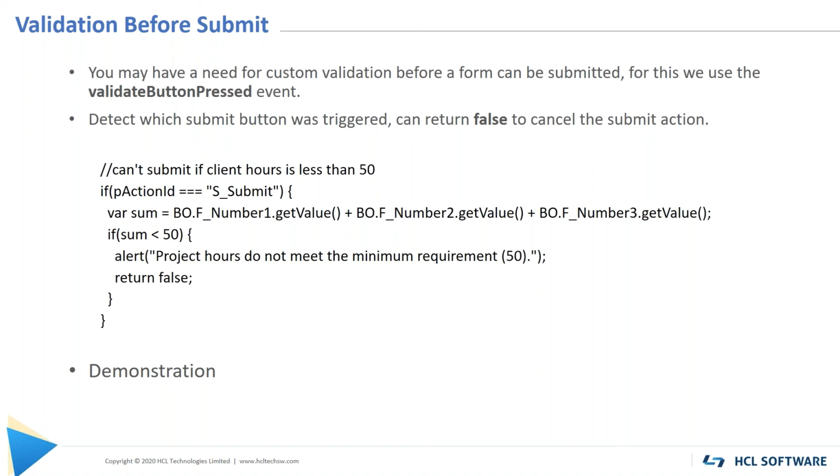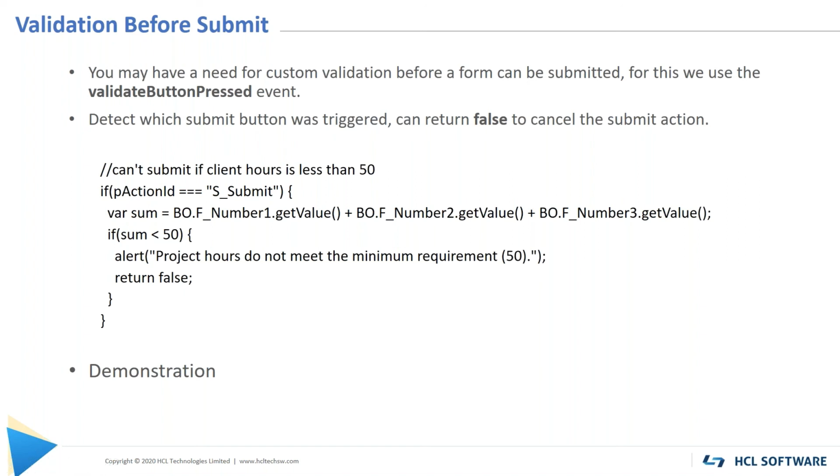Maybe you have a complex workflow and there's certain things that you want to validate before they submit. We can do that in this validate button press event. So this event is triggered when a submit button is clicked. And then in there, we have this P action ID, which contains the ID of the button that was clicked.